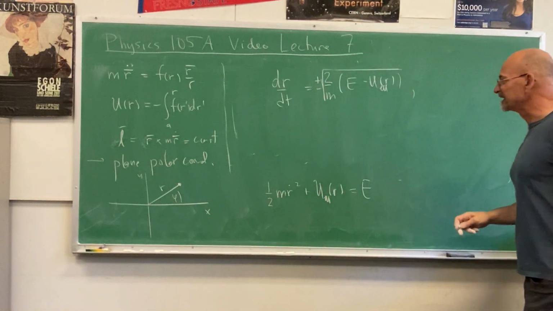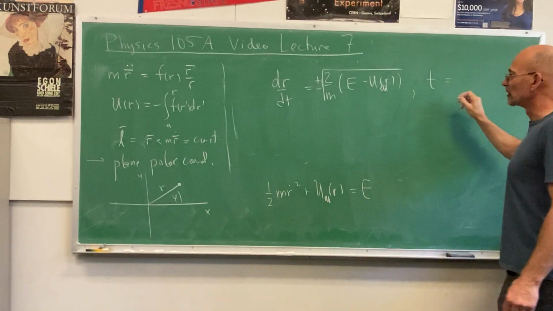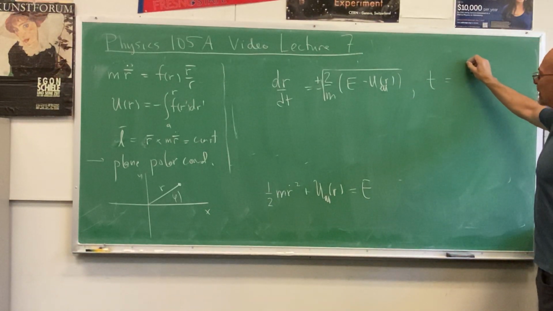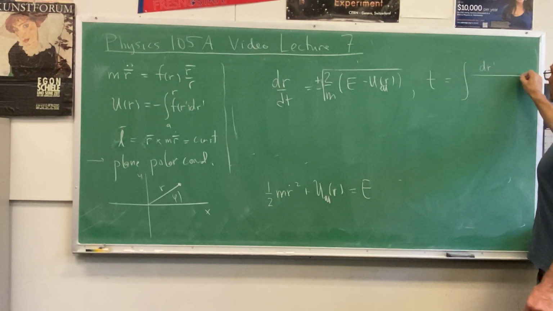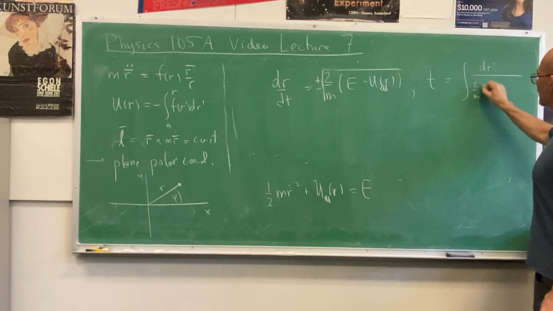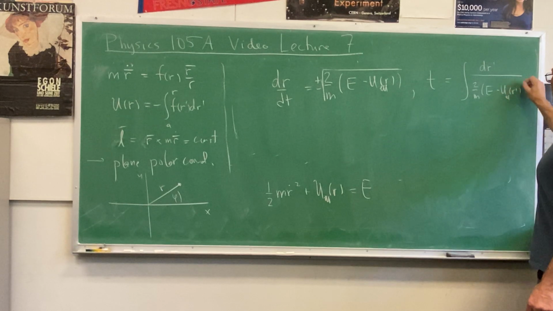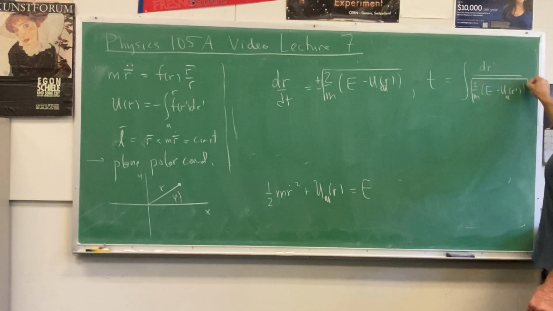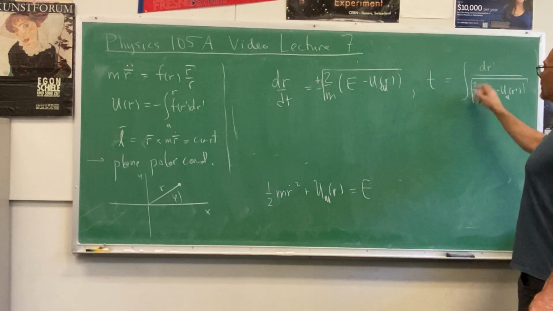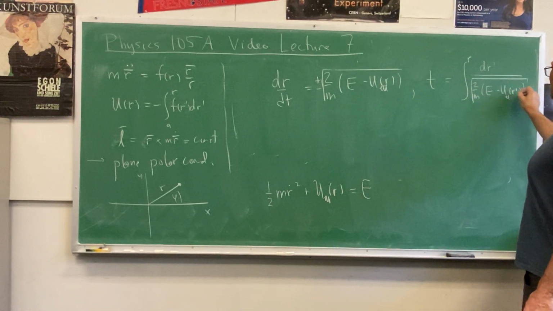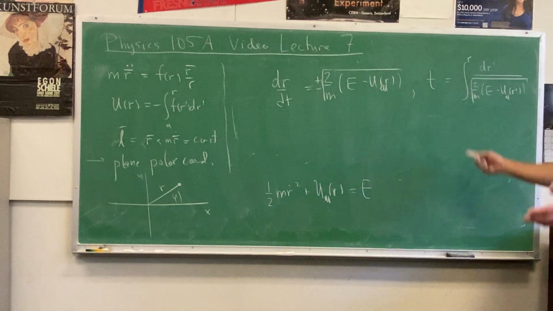And if you were looking for the t dependence, you could say t is equal to the integral of dr' divided by the square root of 2/m (E minus u effective of r'), up to r. Everything would be primed. So that would be as far as you could go in general.